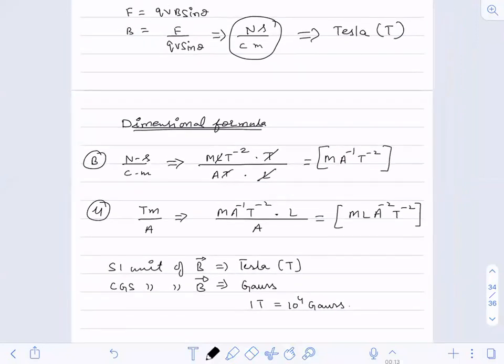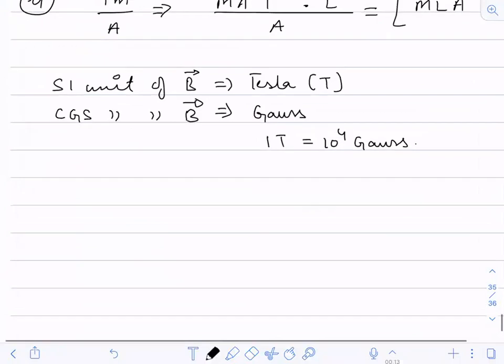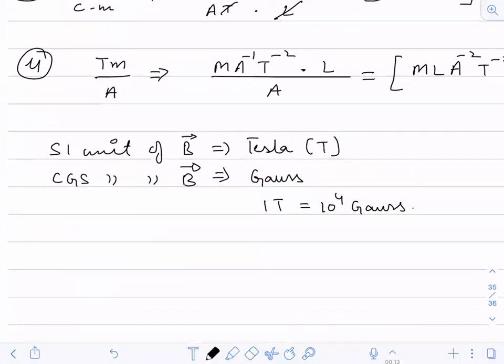If you want to do any conversion, this is all about the magnetic field. Now we are going to discuss magnetic permeability and permittivity.